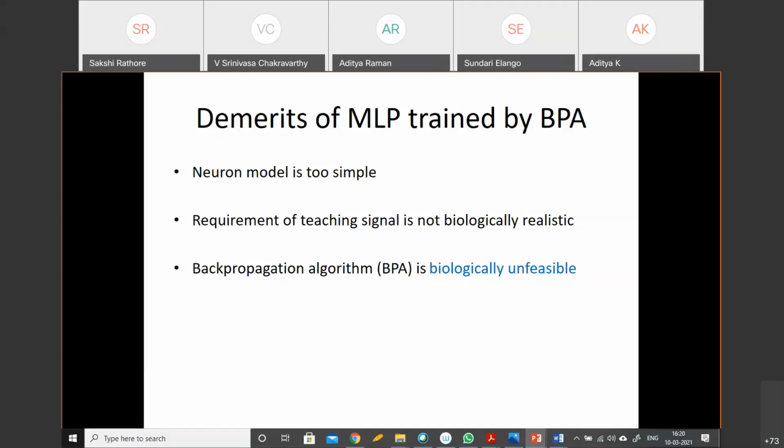This error signal has to be propagated backwards from the output all the way to the first hidden layer, and how is that going to happen? Forward propagation of signal from one neuron to another, jumping many synapses, is possible in the real brain. Whereas back propagation of error, jumping over many layers, is not likely to happen in the real brain. So that is biologically infeasible.